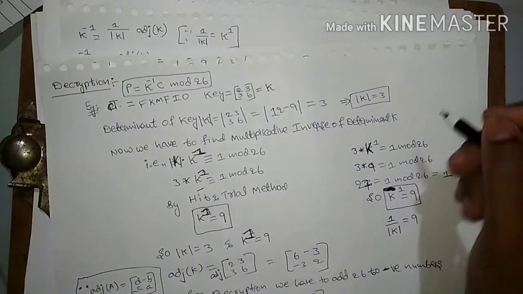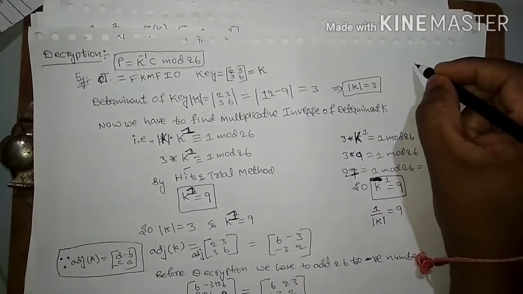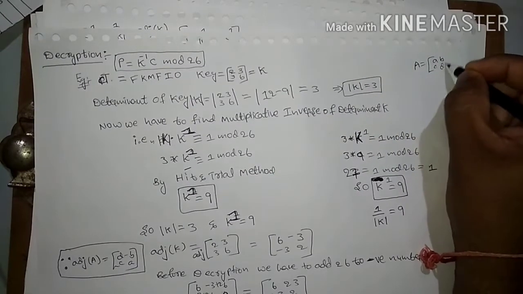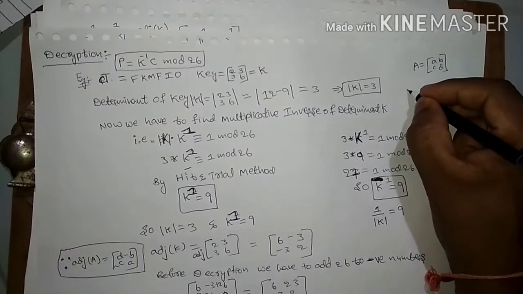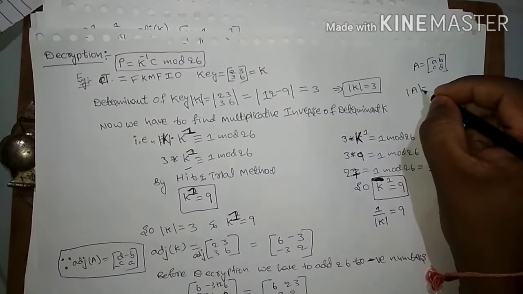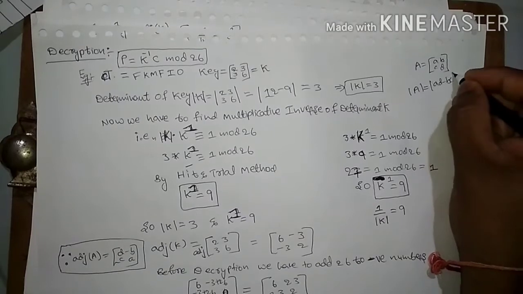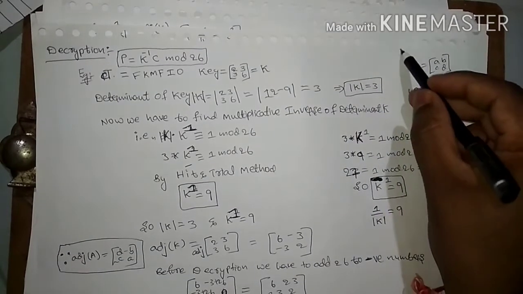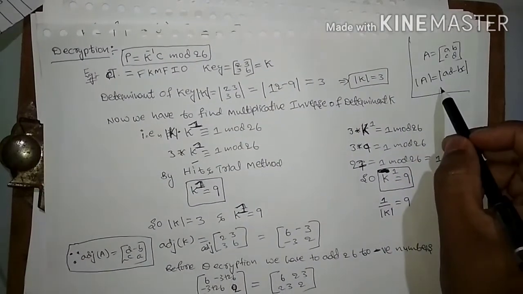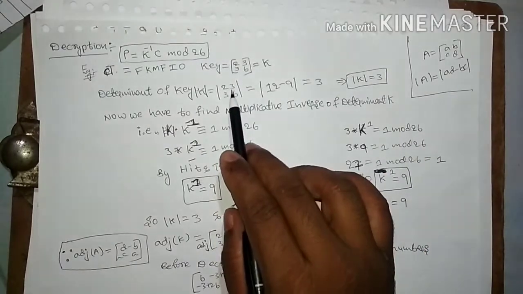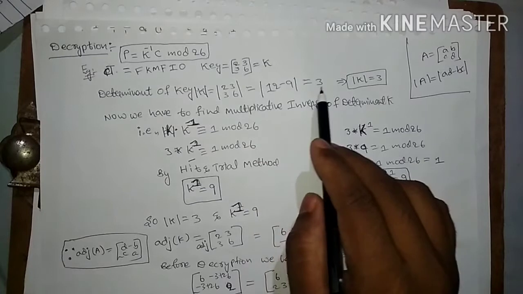For example, given matrix A equals A, B, C, D, then det A equals AD minus BC. This is the formula to find the determinant of a given matrix. So 2 into 6 minus 3 into 3, 12 minus 9 equals 3.